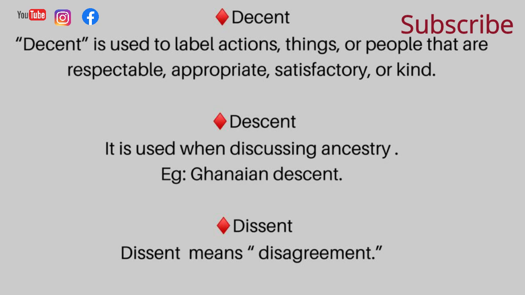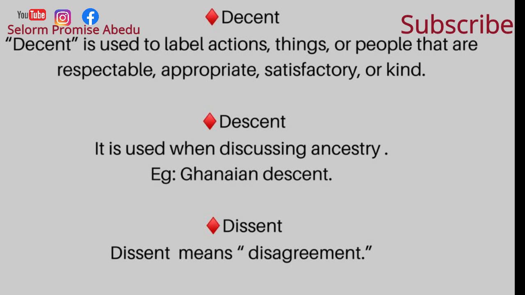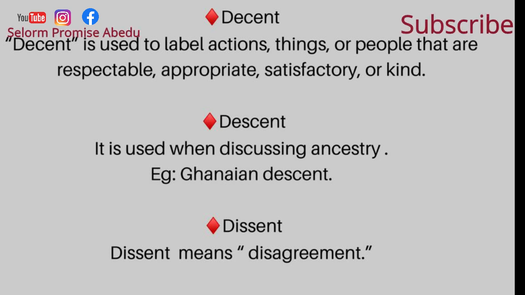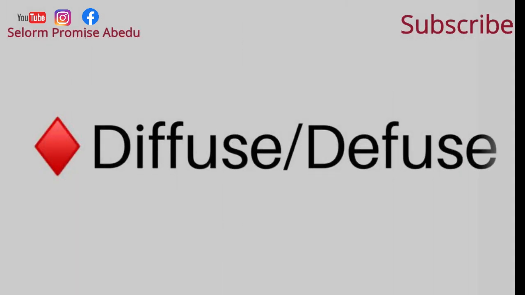Descent, written with an S and a C, is used when discussing ancestry. For example, Ghanaian descent. Dissent, written with an S and another S, means disagreement.